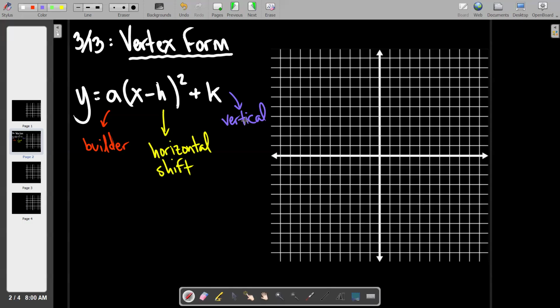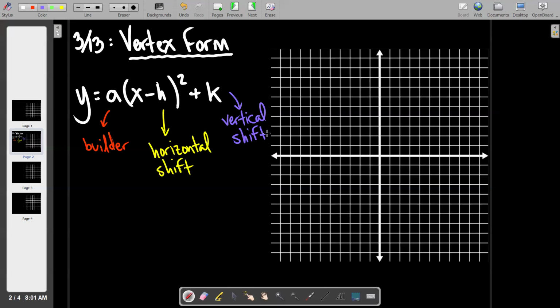And then at least h stands for horizontal and v stands for vertical. But anyways, I didn't want to do that because then some professor someday might look at you like you got two heads. Do you mean k, not v? So anyways, the numbers each have roles to serve. So again, a tells us how to build, h tells us horizontally which way to shift, and k tells us which way vertically to shift.